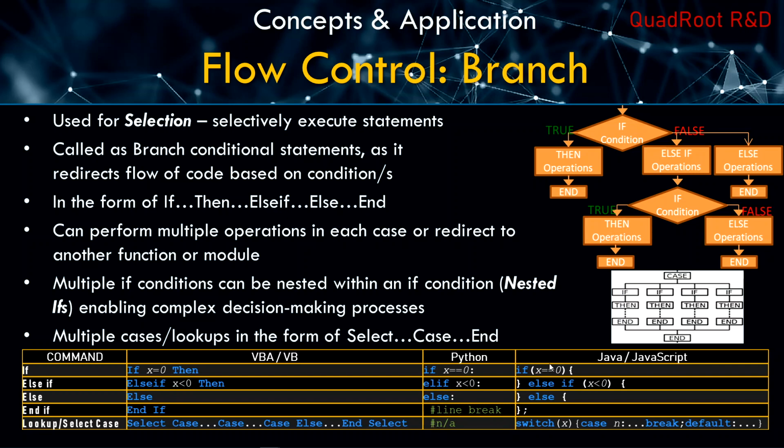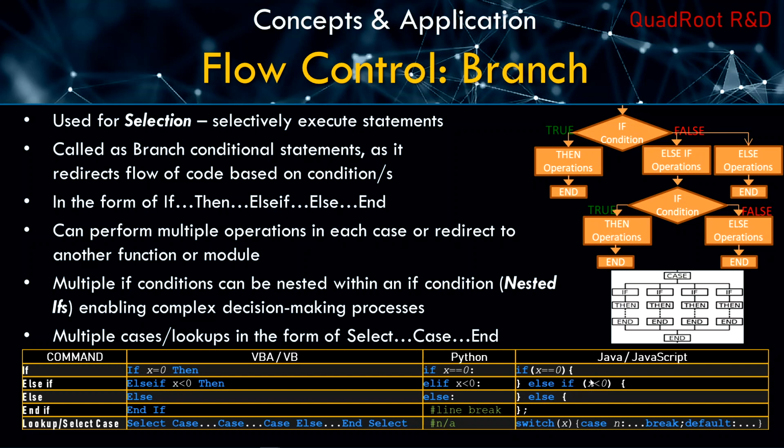Now in JavaScript, you specify it as if in parentheses, x is equal to 0, or whatever condition. Then you open the curly brackets, and everything between these curly brackets is your if condition. If this condition is not met, then it goes to the else if with the space.